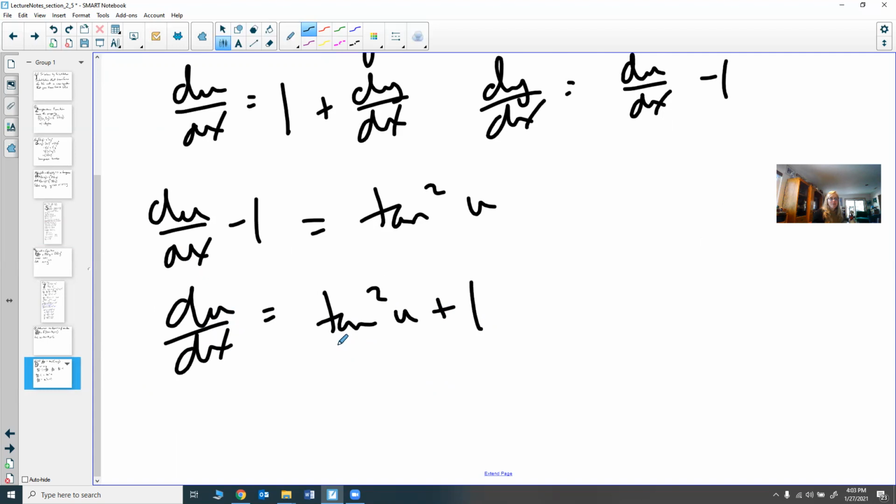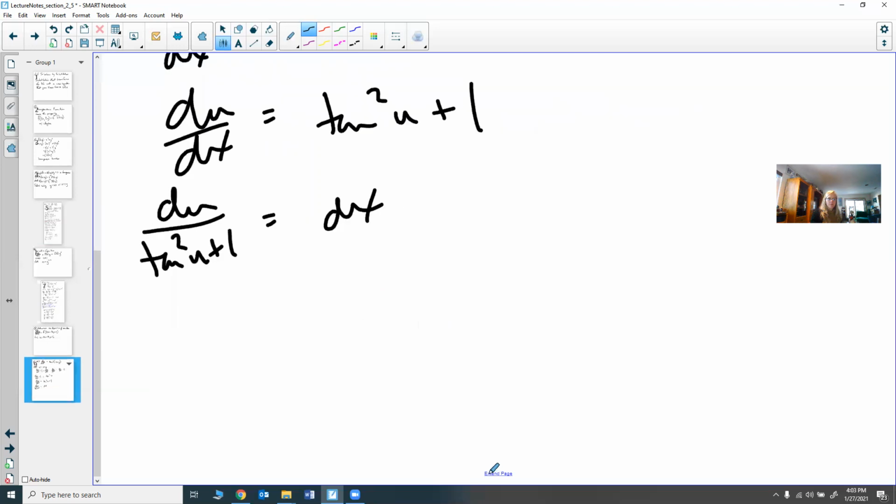And I notice now this is separable. This is why it's called reduction to separation of variables: when you do these kind of substitutions, and it's very specific. You have it in this form, you can do this substitution and get a separation of variables. So we now have du over tangent squared u plus 1 is equal to dx.